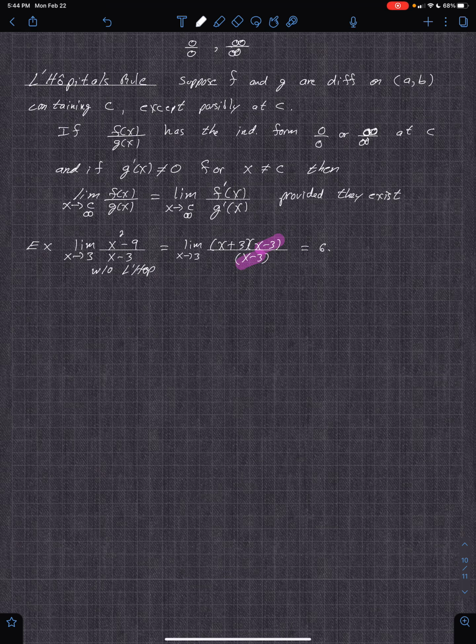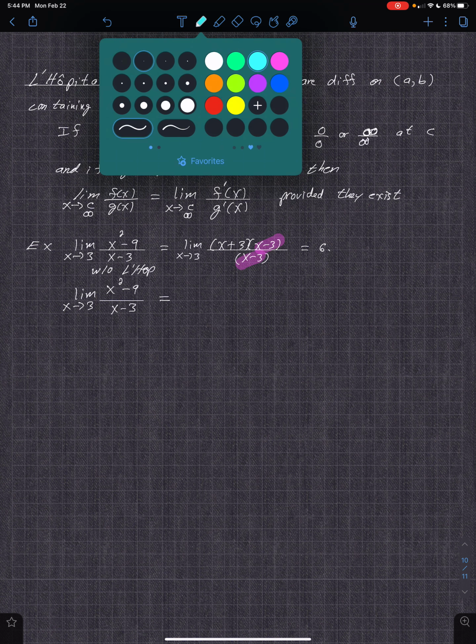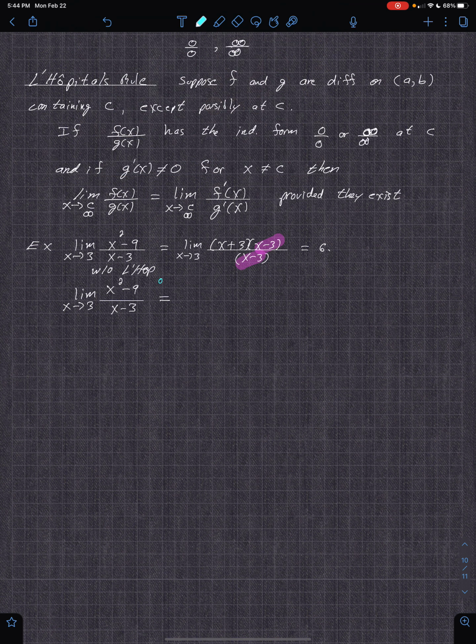All right, so now let's do this with L'Hopital's rule. What you do is you first check to see that it's an indeterminate form, 0 over 0 or infinity over infinity. So this is 0 over 0. Then you tell me you're going to apply L'Hopital's rule.